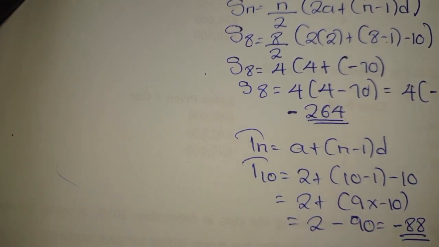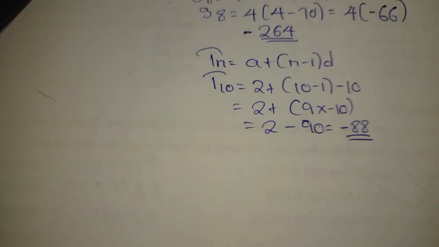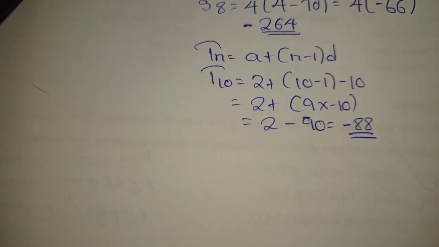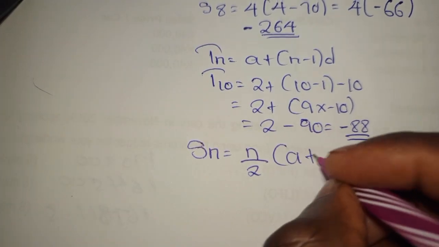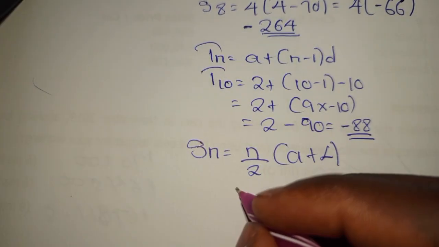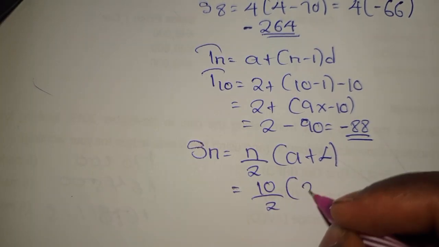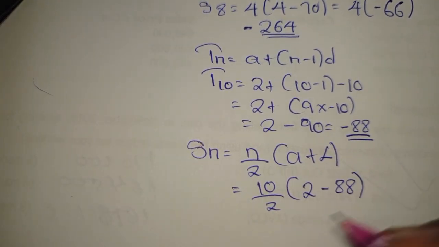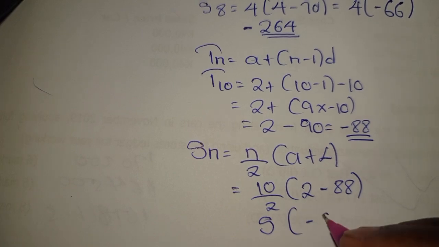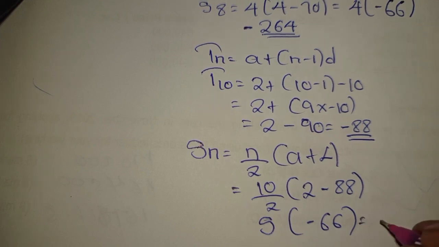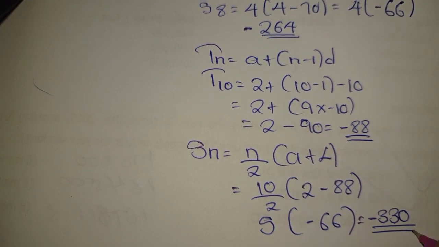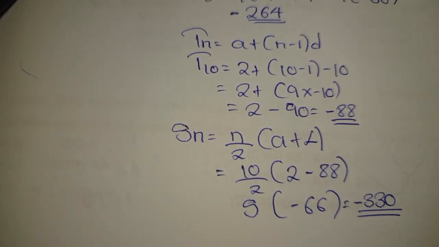And since -88 is the last number in this sequence, the sum is equal to n divided by 2, times (a plus the last term), where it will be 10 divided by 2, times (2 minus 88), so it will be 5 times -66, and when you multiply -66 times 5, you get -330.